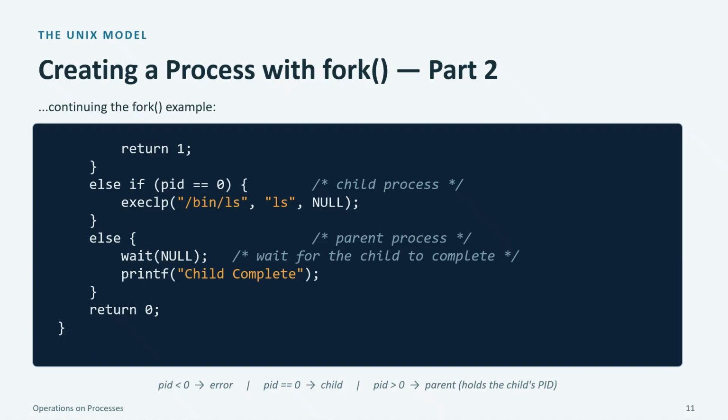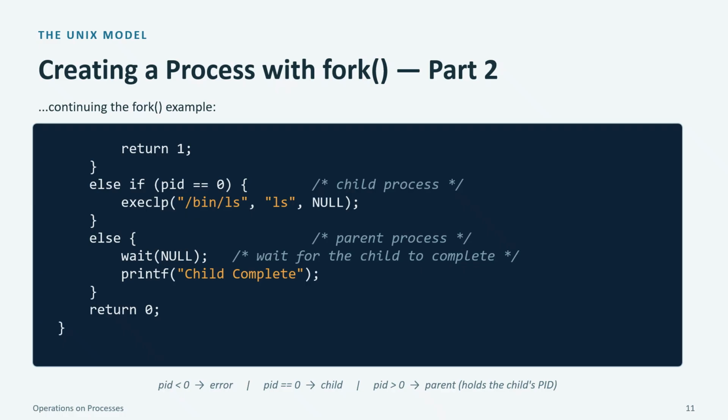If pid equals 0, we are inside the child process. The child executes execlp("/bin/ls", "ls", NULL). This replaces the child's current program image with the ls program. In simple terms, the child process now runs the ls command.